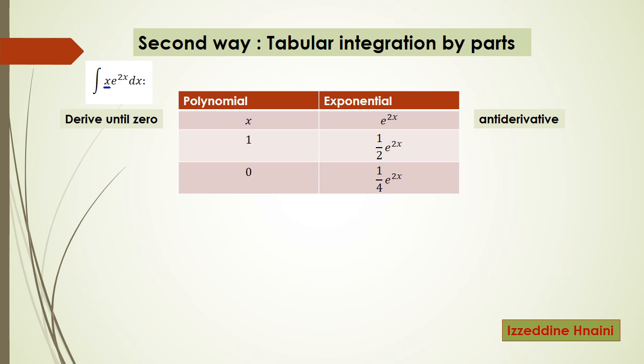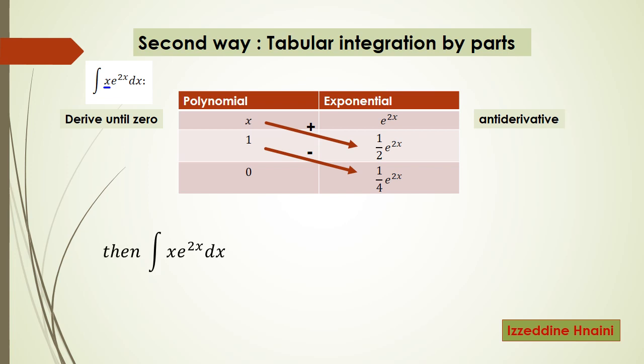Then I will multiply x by 1/2 e^x, and I will put plus before the answer. Then I will multiply 1 by 1/4 e^x, and I will put minus before the answer. Always I multiply the first item in this column by the second item in this column, and so on.